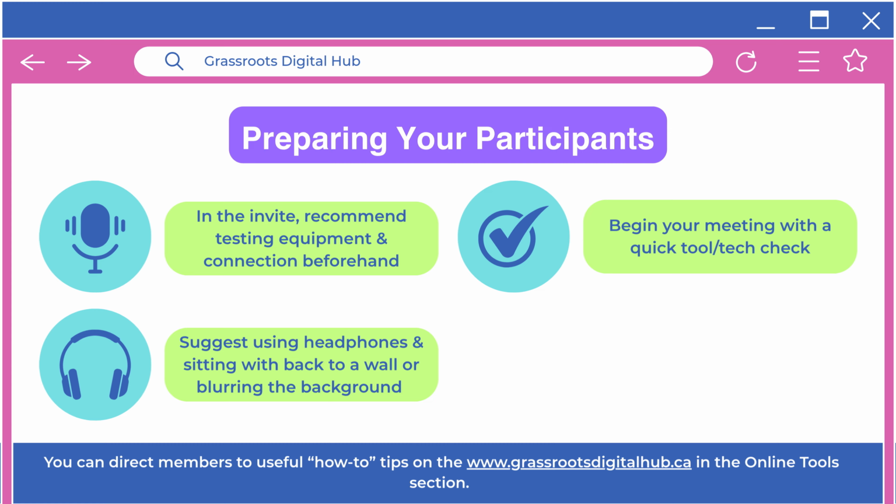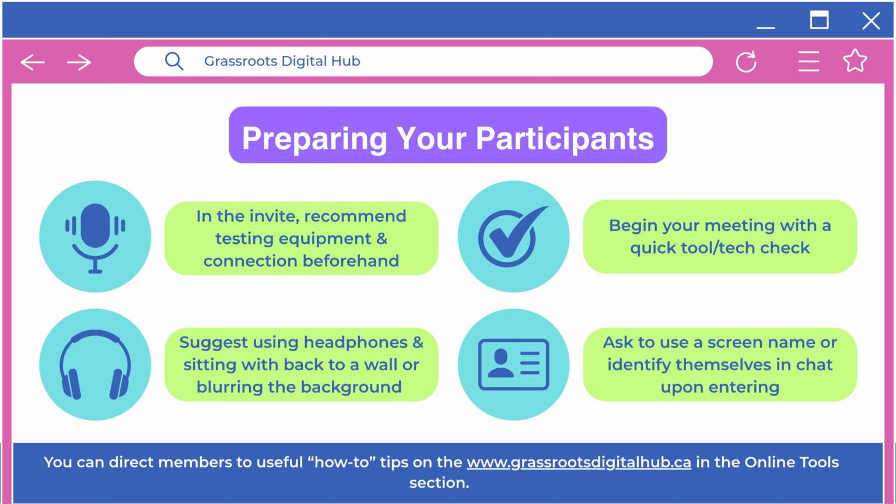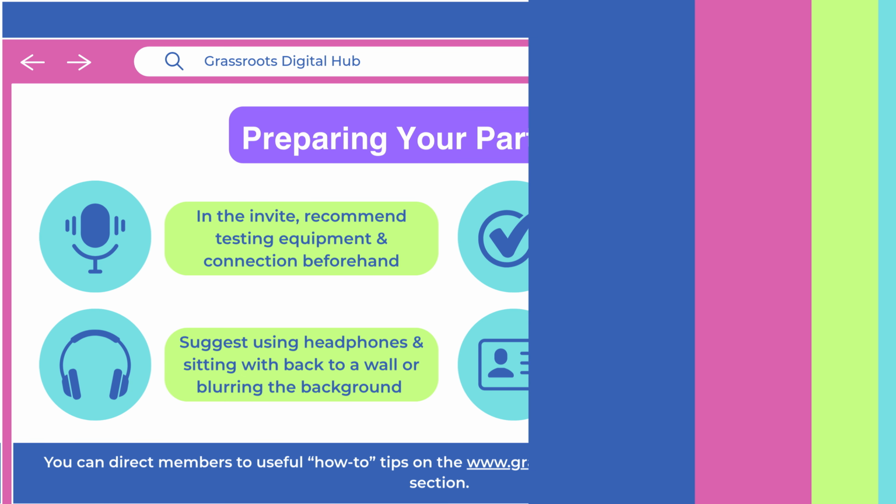Suggest that your participants use headphones, sit in a quiet place with no distractions, and set their backs against a wall or a blurry background to protect privacy. 4. Ask your participants to use a screen name to identify who they are or identify themselves via chat as they enter a room if they cannot rename themselves.